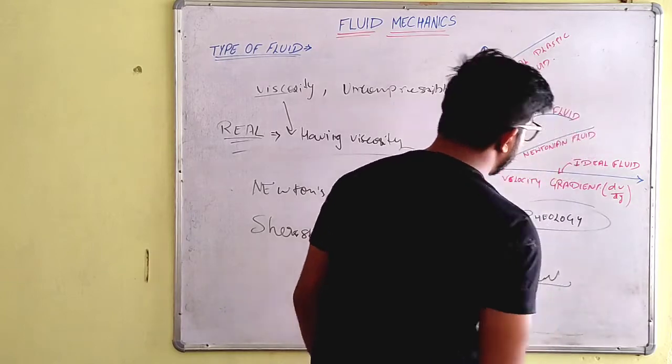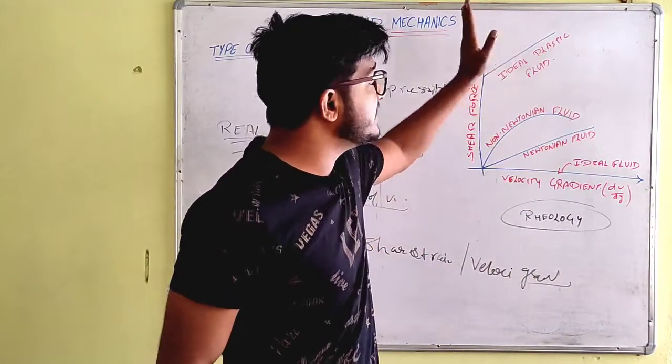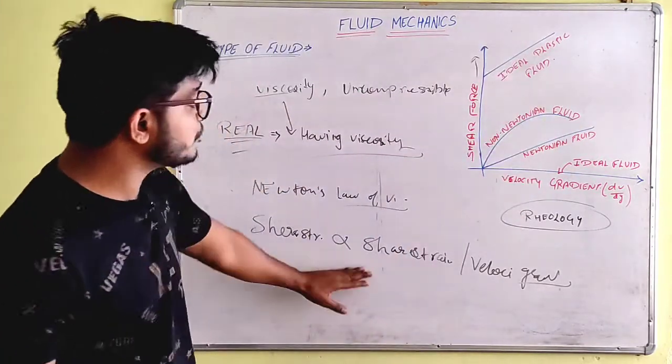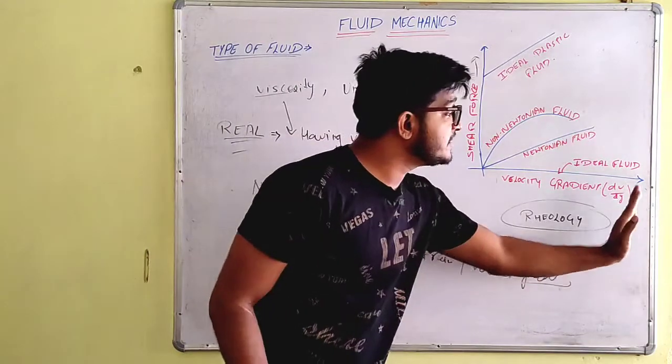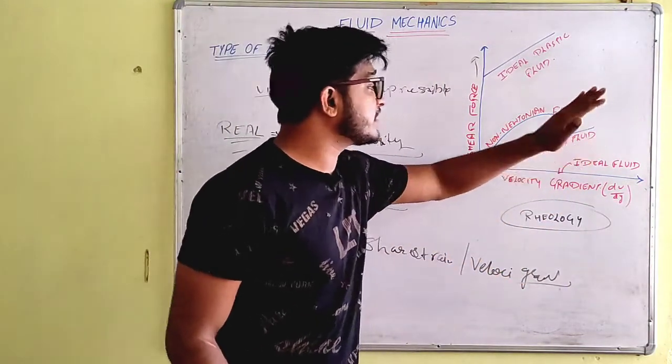That's why the line of the Newtonian fluid is straight in this graph. As the shear force increases, the shear strain, or velocity gradient, will also increase proportionally. That's how the Newtonian fluid works.